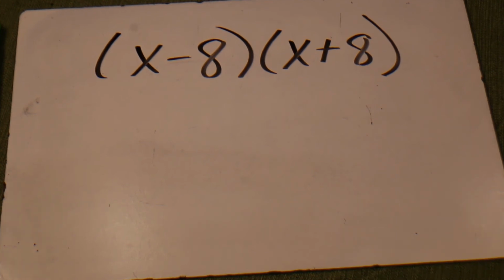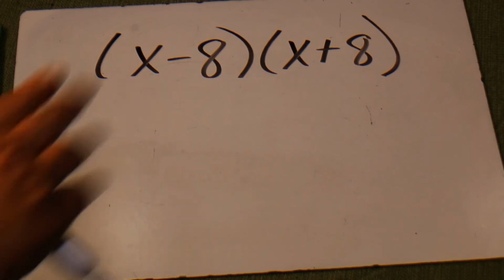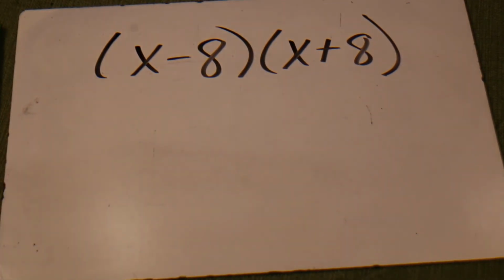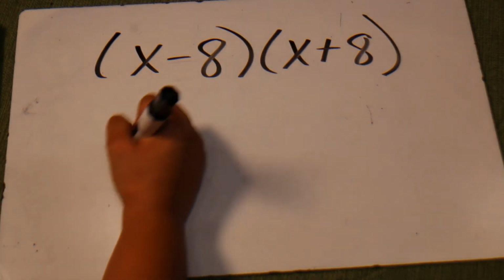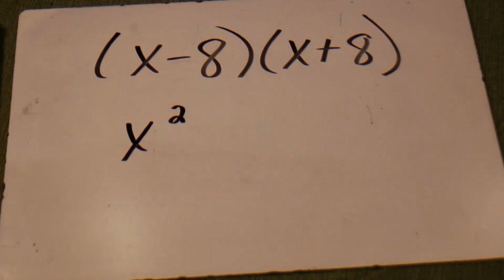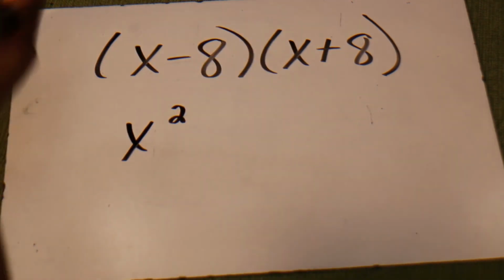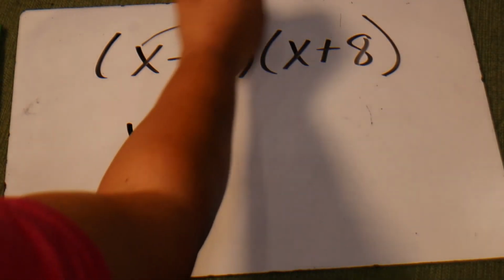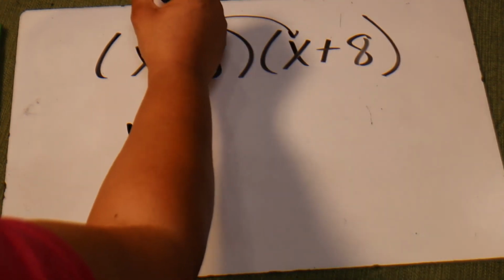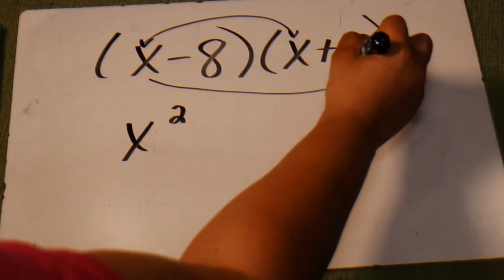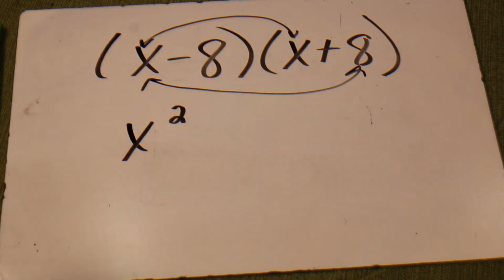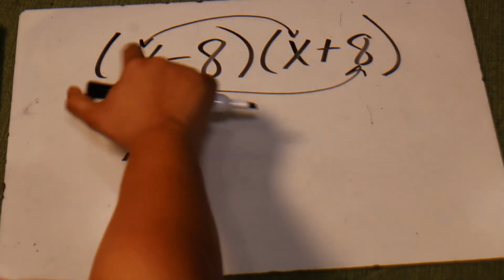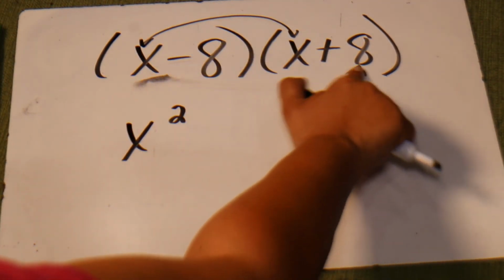Okay? Now, in the beginning, I wanted us to get used to doing the FOIL method. However, whenever you see this type of problem, you can just do the F and the L part of the algorithm. So let's do that. Let me draw it out. The first and last. Oh, I'm sorry, I drew that wrong there.